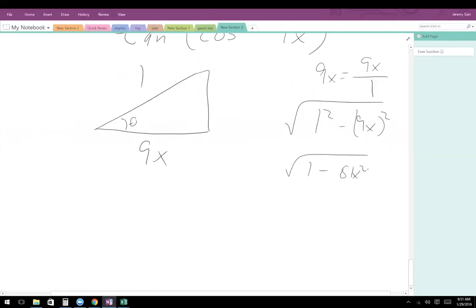That's all we can do with it. So tangent is opposite over adjacent, so it'll be square root of 1 minus 81x squared over 9x. That's it. See, it wasn't hard at all.